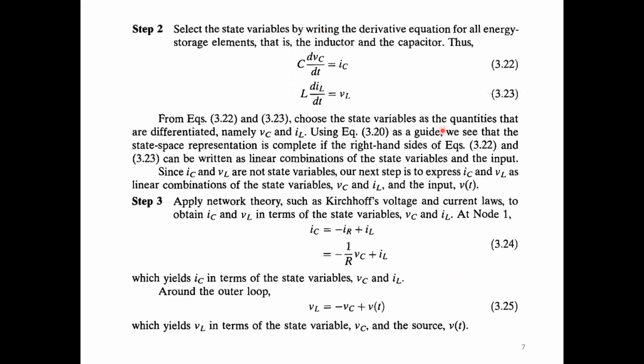Okay. Now select the state variables by writing the derivative equation for all energy storage elements. That is the inductor and the capacitor. So what are the energy storage elements? Inductor and the capacitor. For them, we have to write the derivative equation.